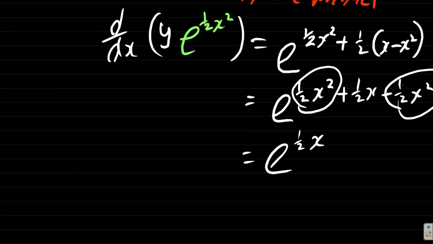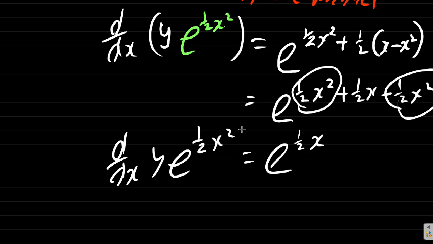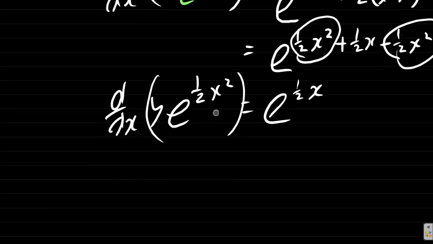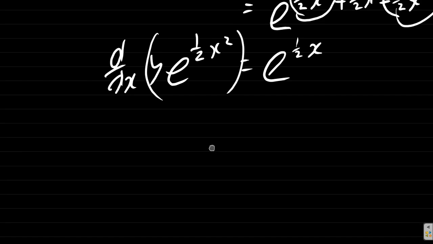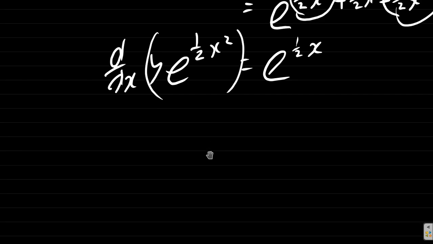So we have on the left d by dx of y e to the half x squared is equal to this. Now, to get rid of the d by dx, what do you do? The d by dx indicates a derivative. What do you do to reverse a derivative? The inverse of differentiation is integration.